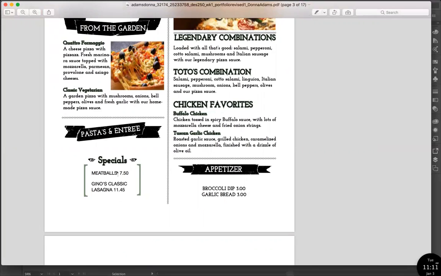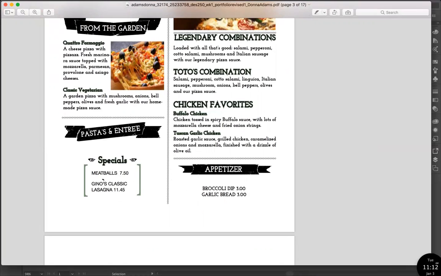And so just looking these over, seeing what else. So again, going back to repetition, if you look, you've got the special section that has meatballs and Gino's classic lasagna, and then you've got this appetizer section that has broccoli dip and garlic bread. And they're not the same, but similar, right?